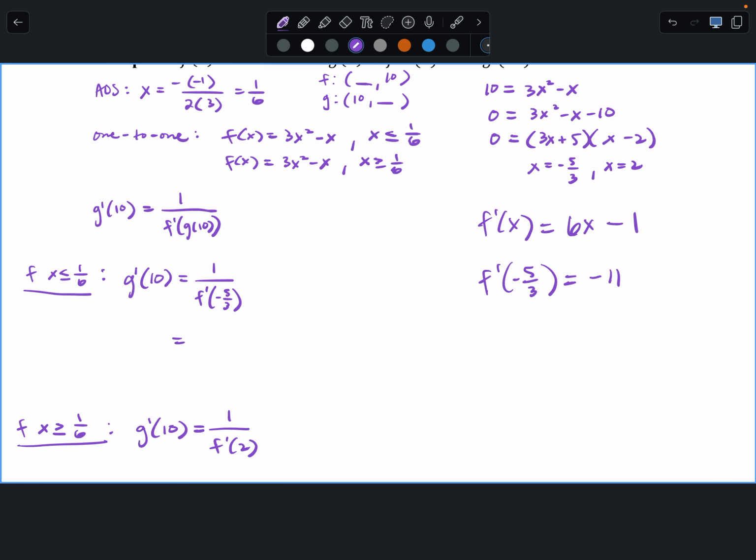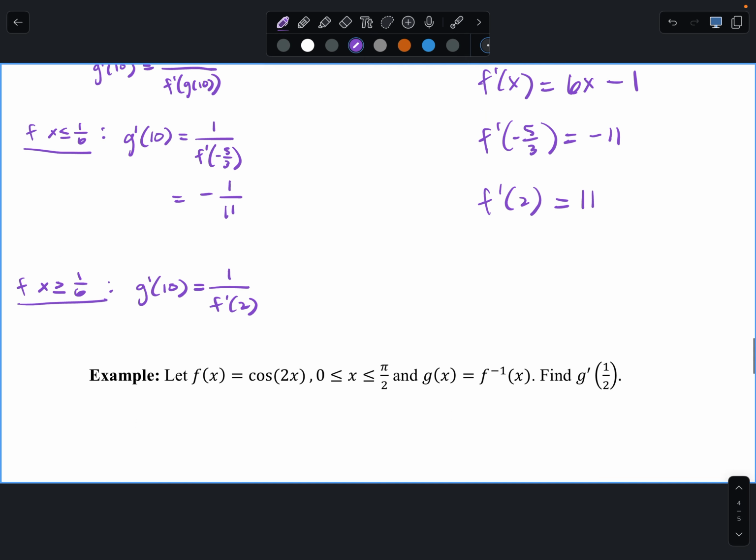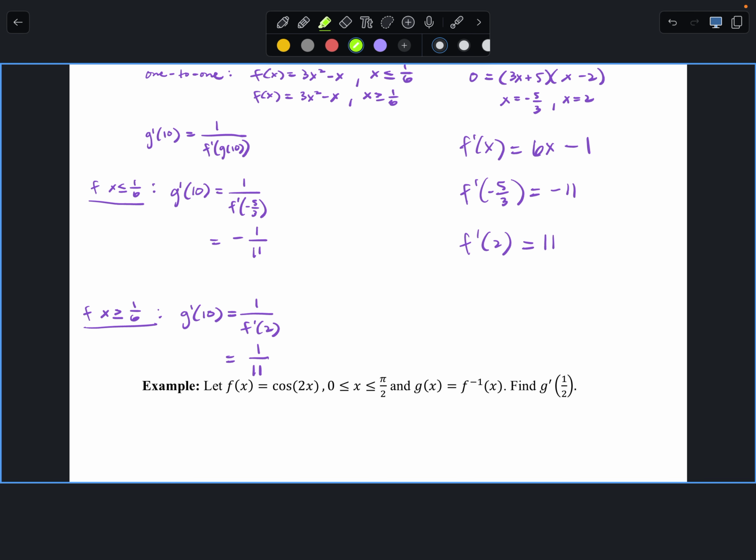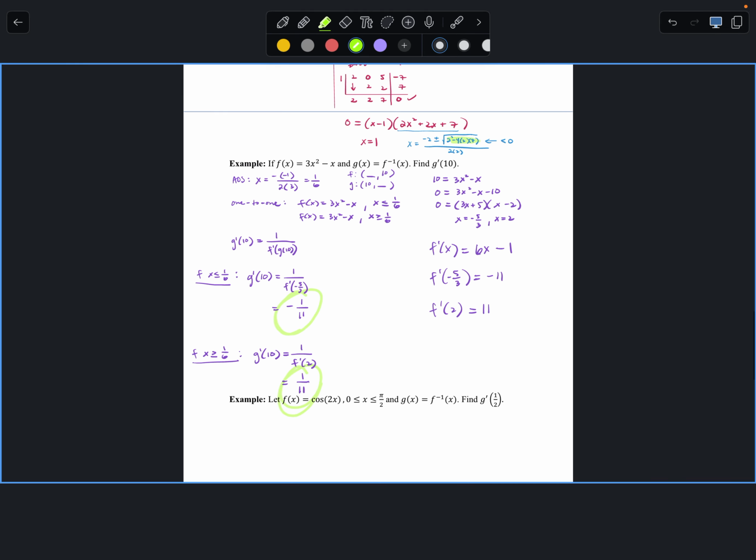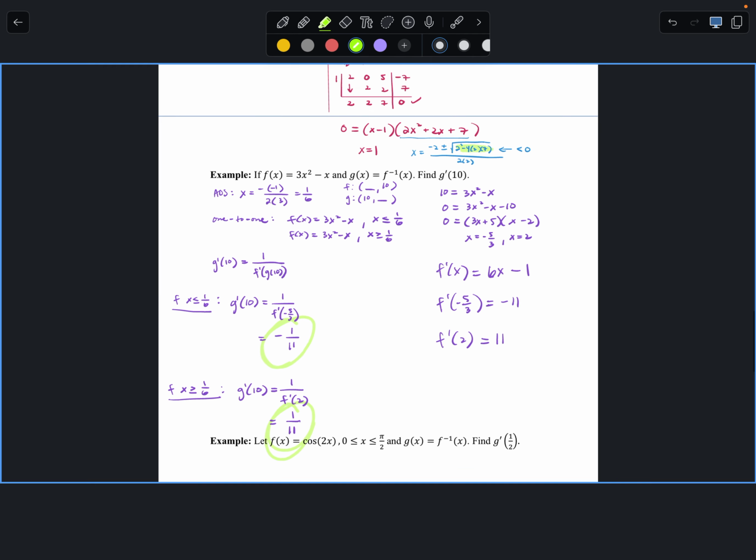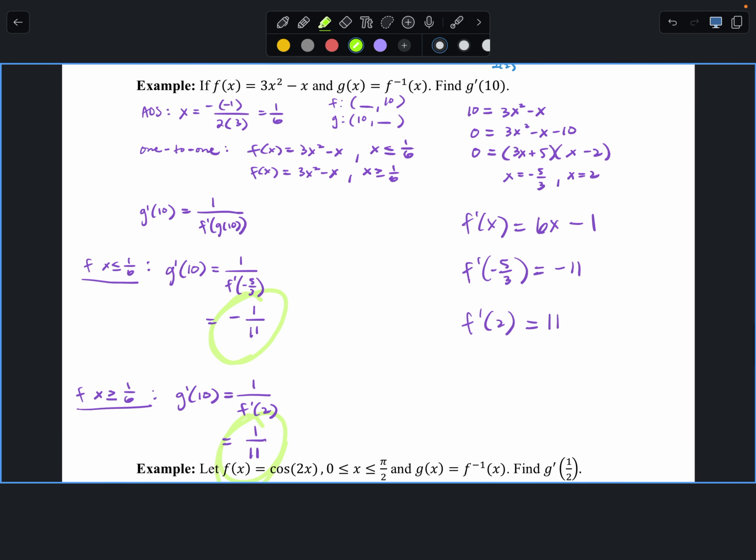So we'd get -1/11 versus f prime of 2 would be +11. So 1/11. So we get the two different values for g prime of 10, again, depending on which domain you're thinking of f being defined on.